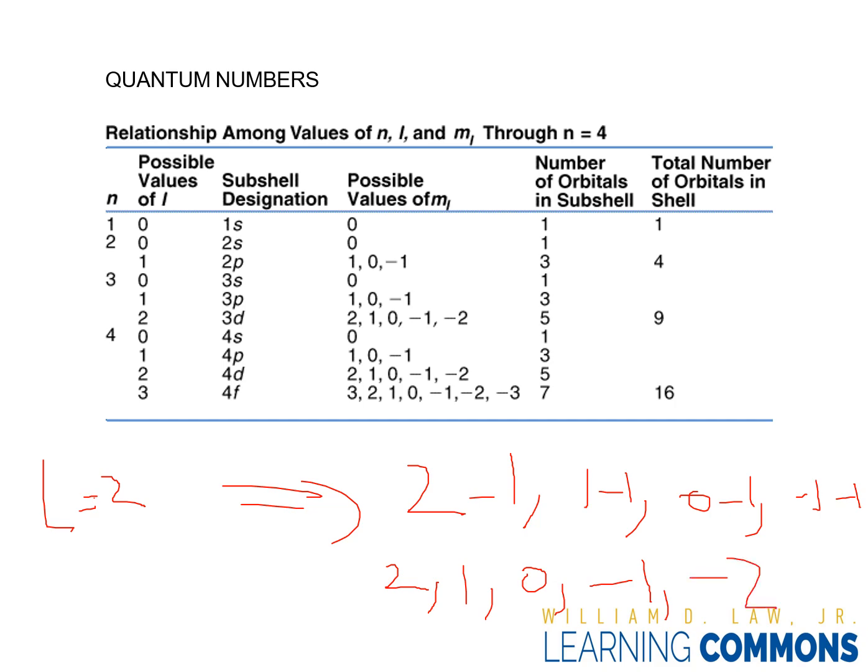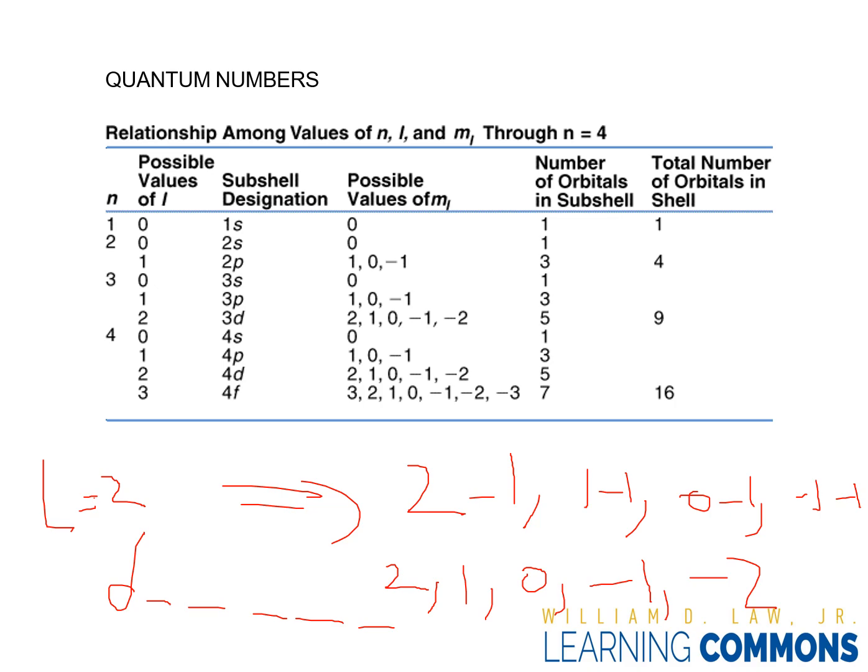If you see ML, how many values? 1, 2, 3, 4, 5, which is exactly the number of orbitals, because the d orbital has 5 orbitals, 1, 2, 3, 4, and 5, and so on for the f orbital.